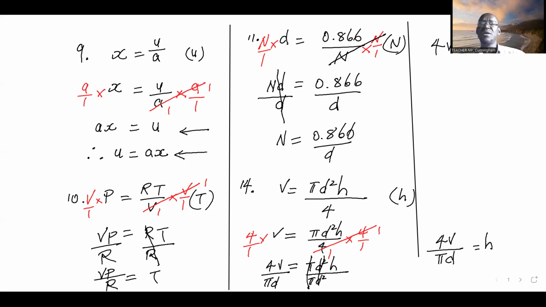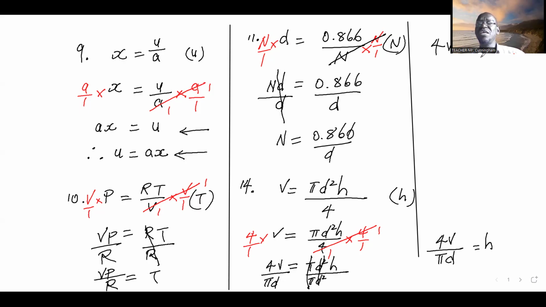But remember, Antonio, we are finding for H. So if we're finding for H, you have to divide throughout by pi D squared. That's a little trick.